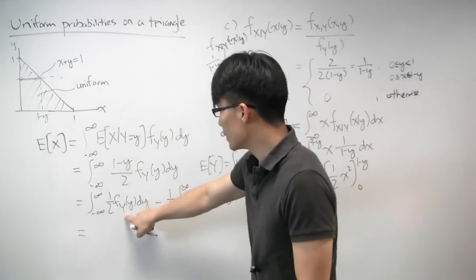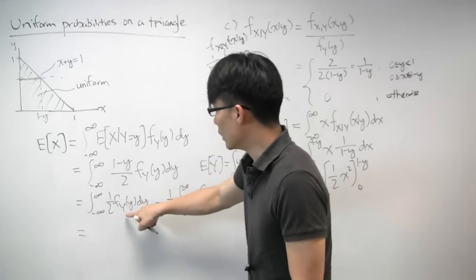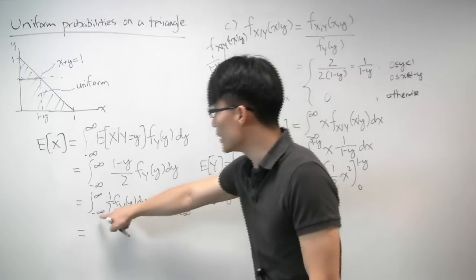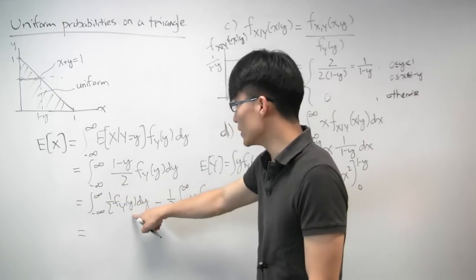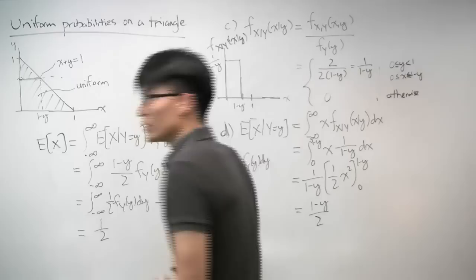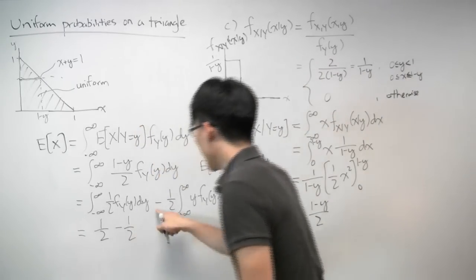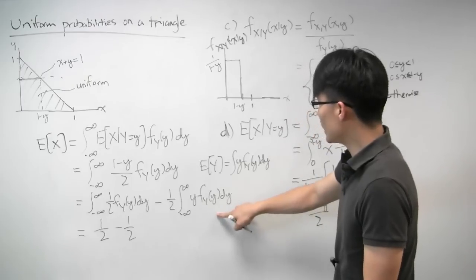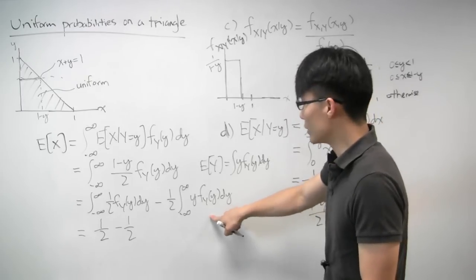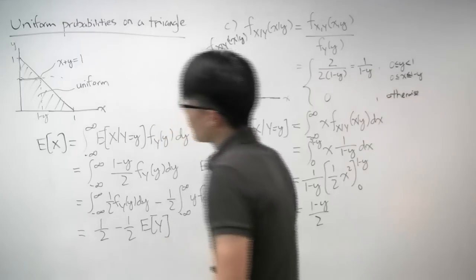Now, we know what this is. The 1/2 we can pull out. And then the rest of it is just the integral of a marginal, of a density, from minus infinity to infinity. And by definition, that has to be equal to 1. Right? So this just gives us a 1/2. And now, what is this? We get a minus 1/2. And now this, we've already said, that is the expectation of y. So what we have is the expectation of y.